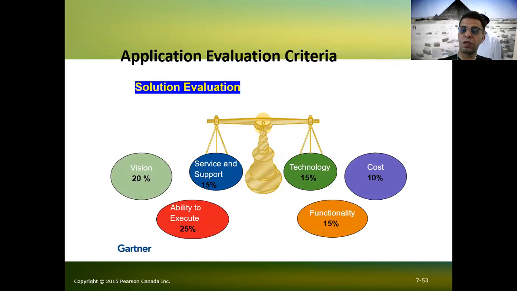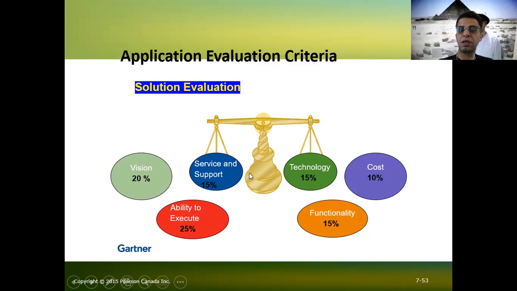Then you have what you call the Gartner evaluation, application evaluation. They have a different pattern, a different approach to evaluation. Basically, they divide it according to service and support, technology, cost, functionality, ability to execute, and vision. And you notice how you're going to score in that.